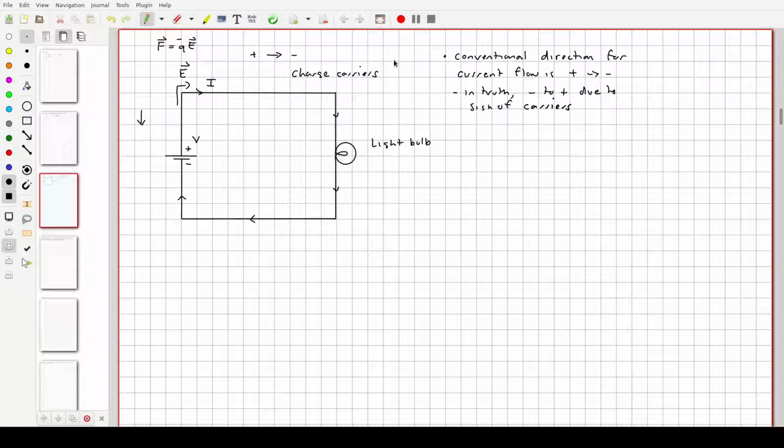Now, there are other situations in which you may have positive charge carriers. For example, in a fluorescent lamp, you have a gas that's being ionized, and the nuclei we know are positive. When you ionize an atom, what you do is strip off an electron.